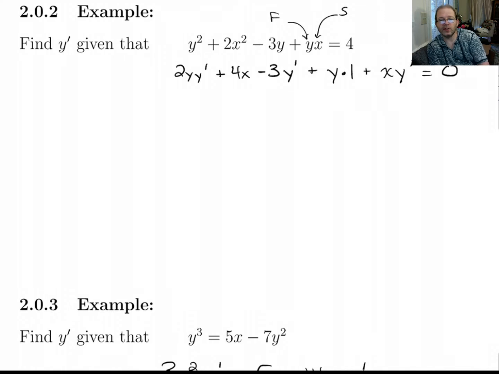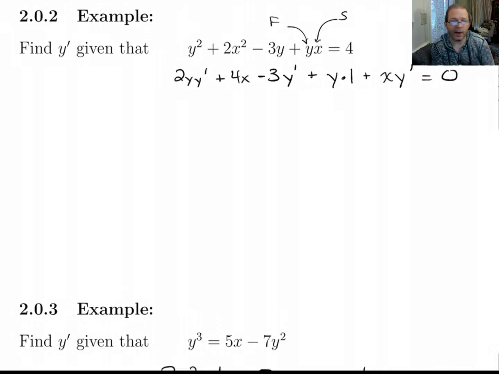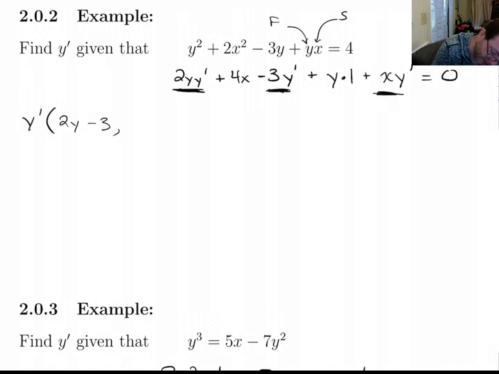So what I need to do is take this and solve it out for y prime. Now I'm going to leave all my y prime terms on this side. I'm going to factor out the y prime. So I'm left with, from here I've got 2y. From here I've got minus 3. From here I've got plus x. And then I'm going to push the other terms to the other side.